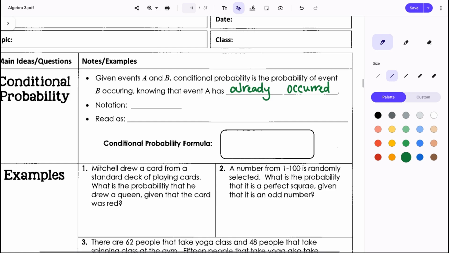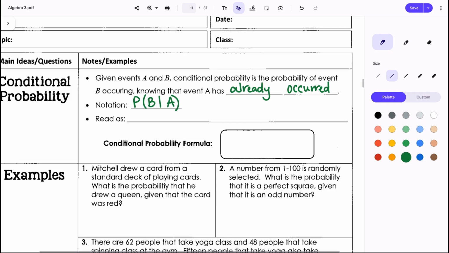The notation is also going to be a little bit different. You're still going to see that capital P for probability, but next to it, in parentheses, you're going to have a capital B representing event B, and then a line that goes straight up and down, and that's where A is going to go, right after it.